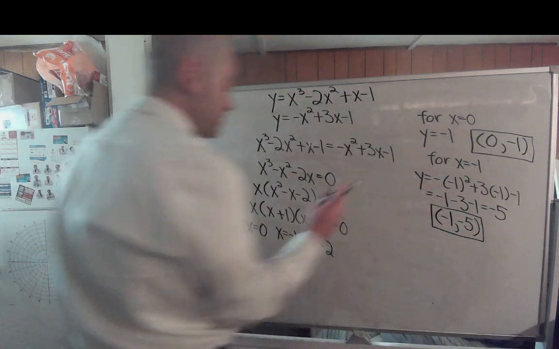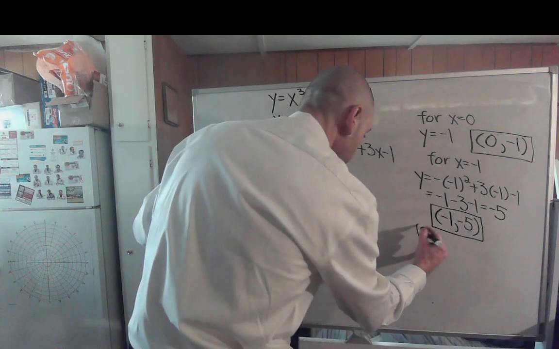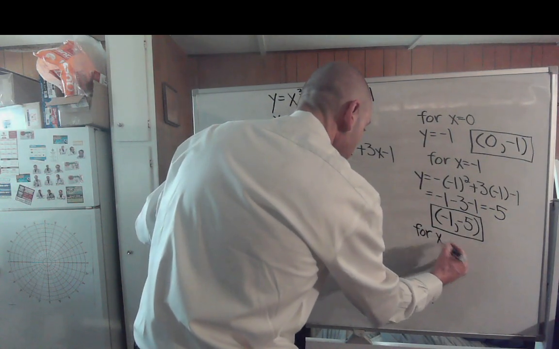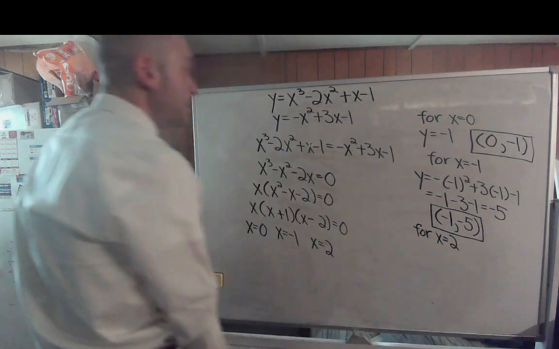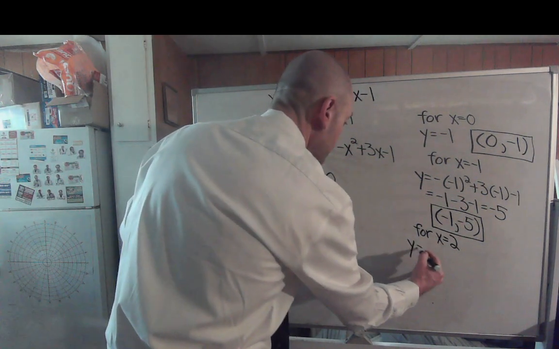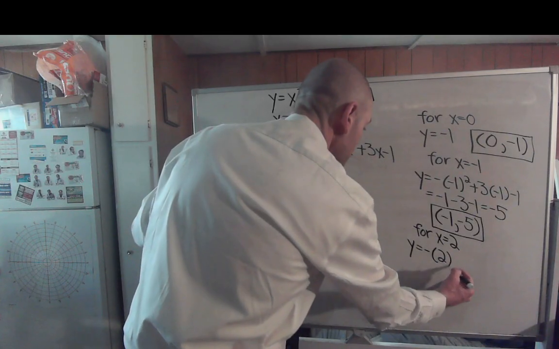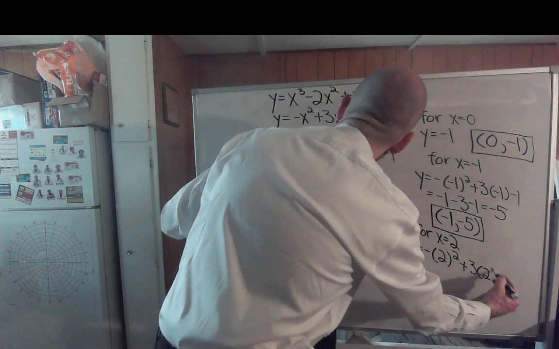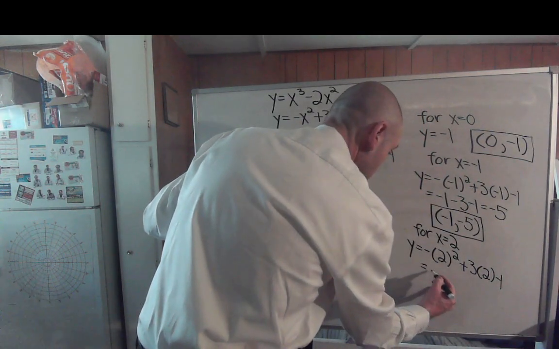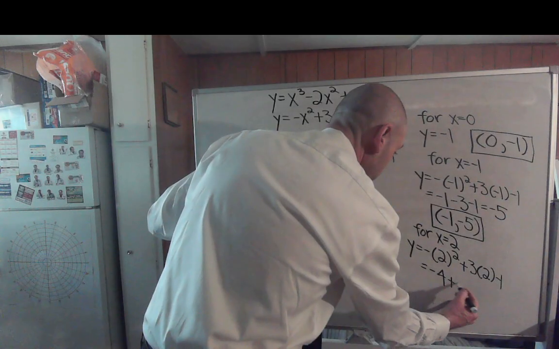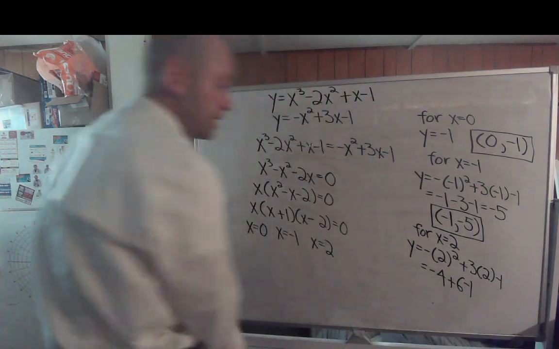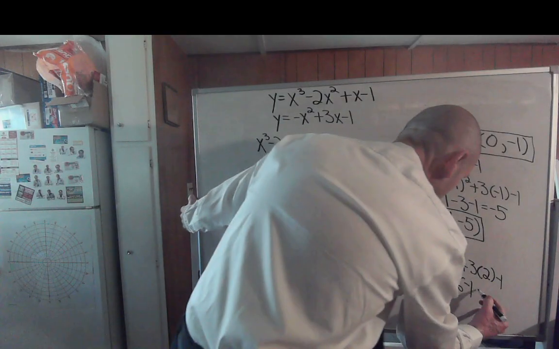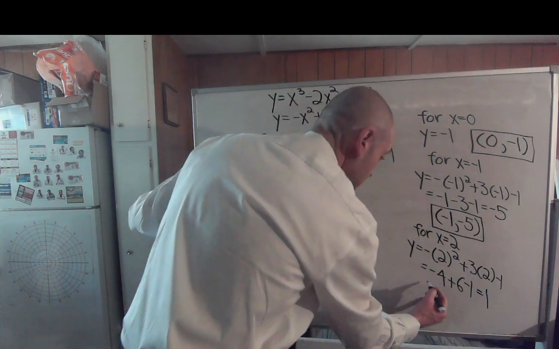And then we have a third value of x. So for x equals 2, you're going to get y equals the negative of 2 squared plus 3 times 2 minus 1, which would equal negative 4 plus 6 minus 1, which would end up being 1.